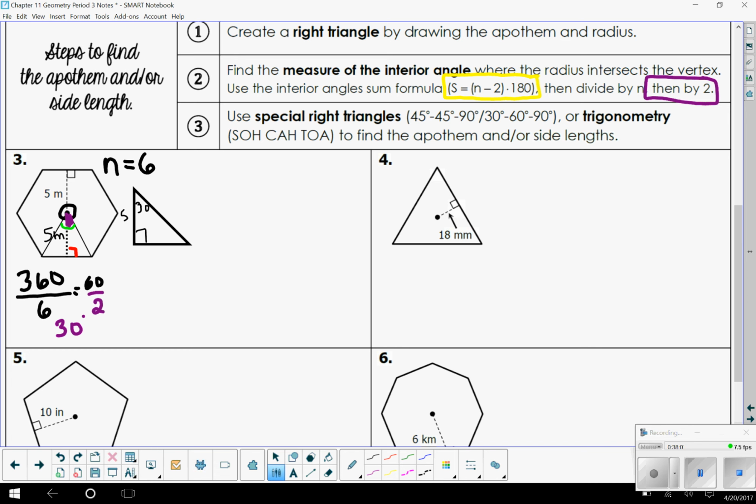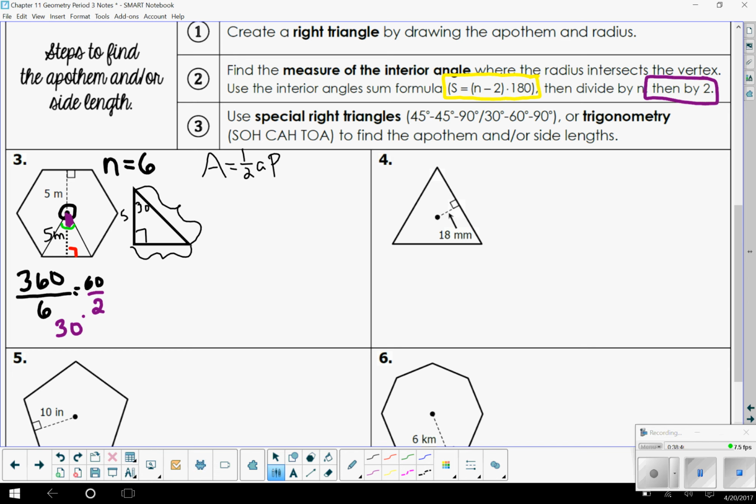You guys got it? What part of that triangle do I need? Do I need the radius or do I need the side? Here's the formula. We have the apothem.